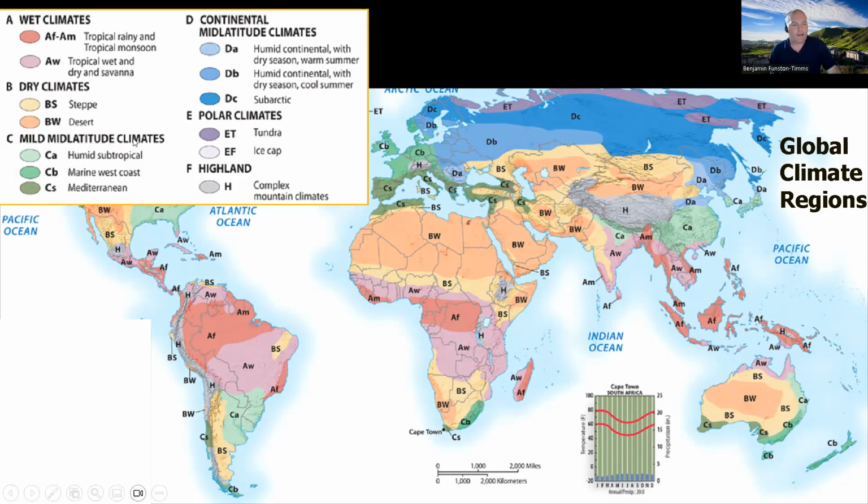And then mild mid-latitude climates happen after that. So we have things like Mediterranean climates, like here in California or the Mediterranean. And we also have marine West Coast climates, like we see in Oregon and Washington State. And humid subtropical, which is Cfa. We're not going to deal with too many of those.